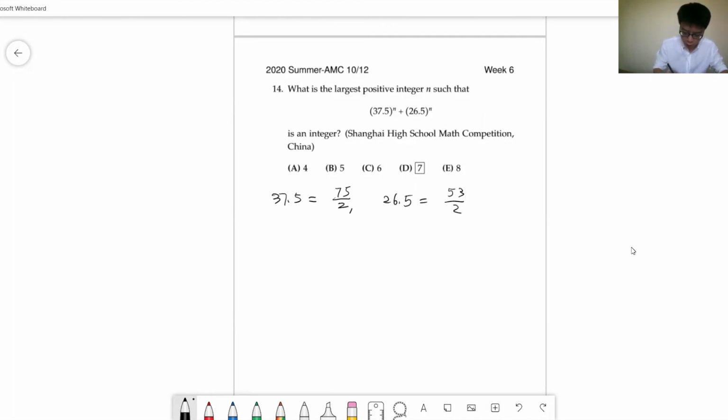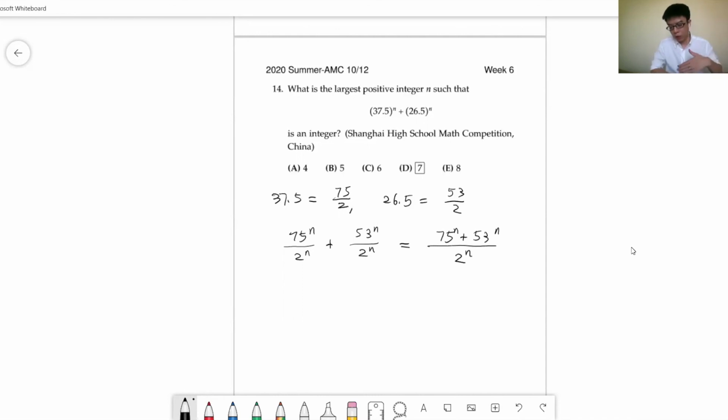So the problem is equivalent to 75^n over 2^n plus 53^n over 2^n, which is (75^n plus 53^n) over 2^n.